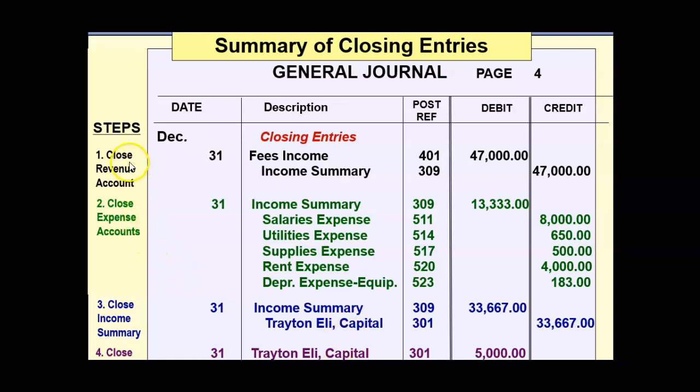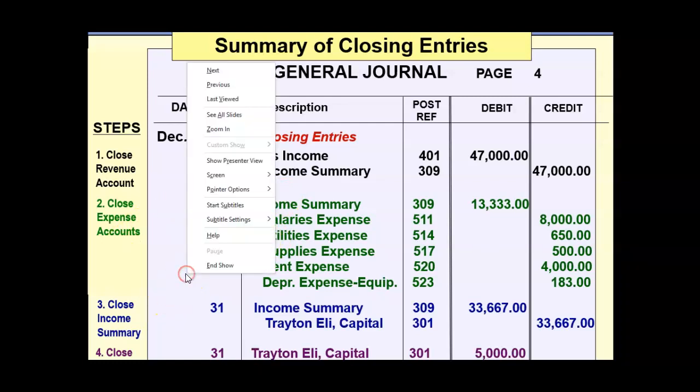Therefore, REID, R-E-I-D, represents the four steps of the closing entry process. In our second video lecture, we're focused on how to post these journal entries into the appropriate ledger accounts and how to prepare what's known as a post-closing trial balance. Okay? All right.